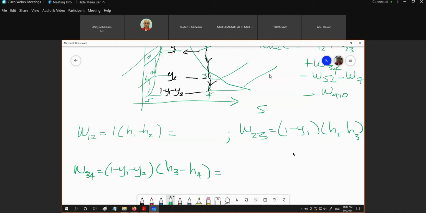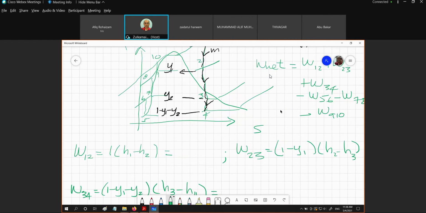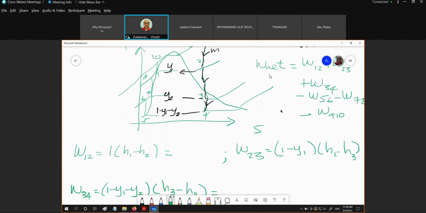Take note that what is flowing from 2 to 3 is 1 minus Y1. What is flowing right here is 1 minus Y1 minus Y2.